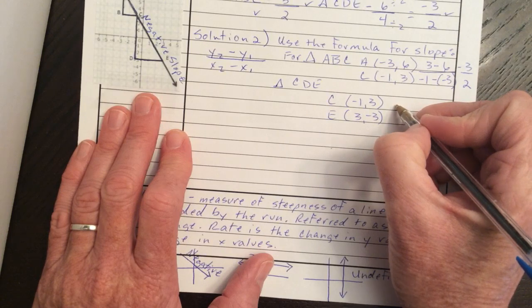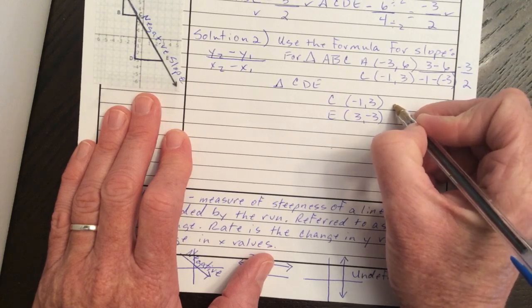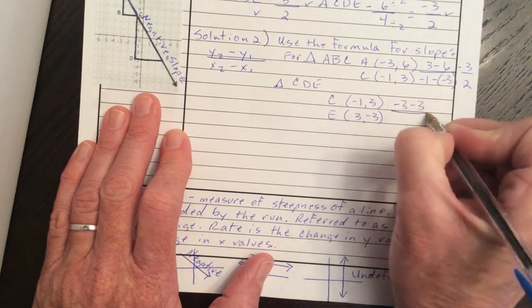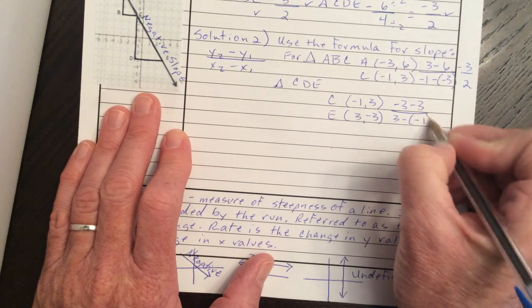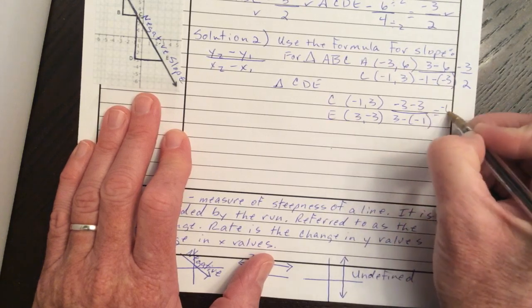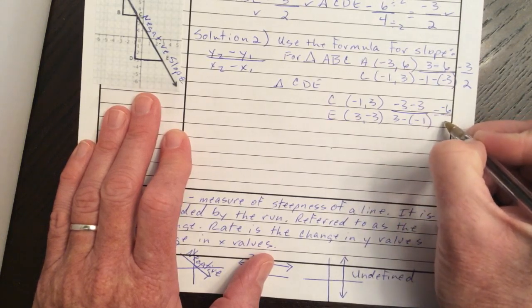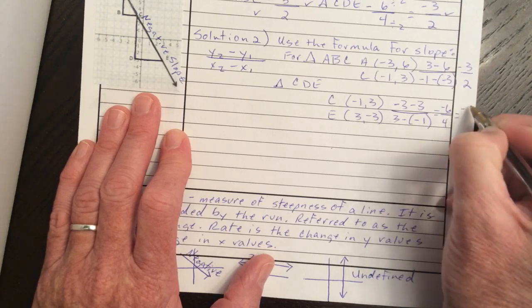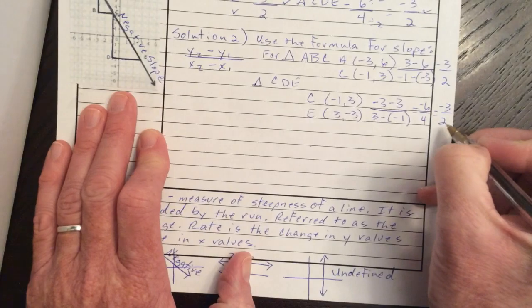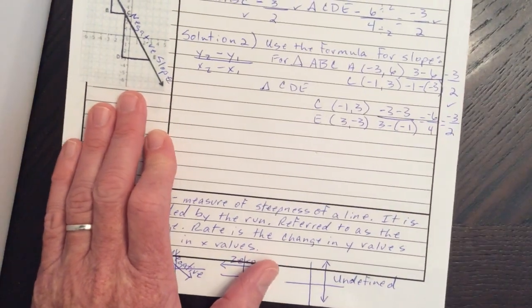So if you put it in the slope formula, you get -3 minus 3, and you get 3 minus a -1, which gives us -6 over 4, which results in -3 over 2. So that works as well.